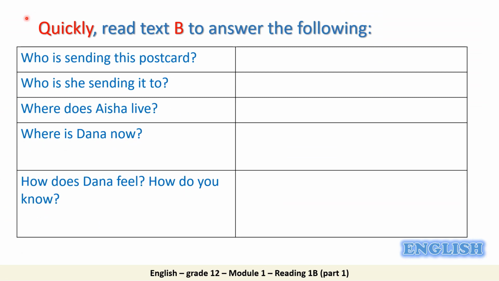Now I want you to go through text B really quickly to answer these questions. Pause the video now. Well, who is sending the postcard? Dana is, and she's sending it to her friend Aisha.